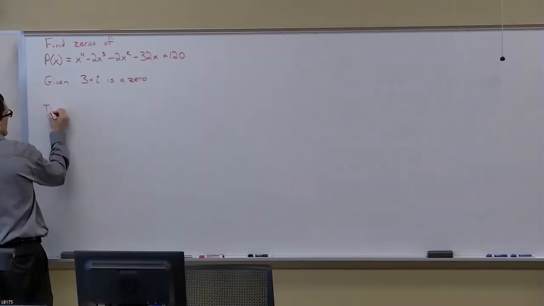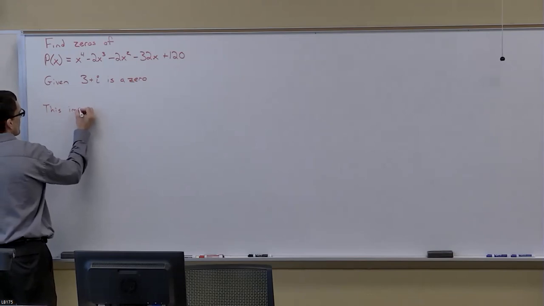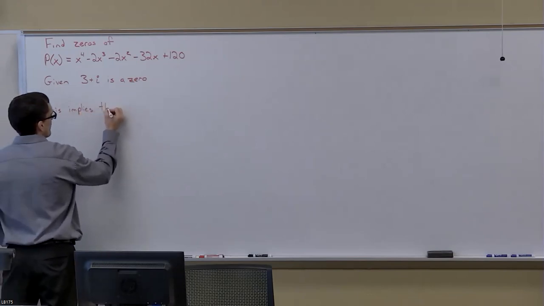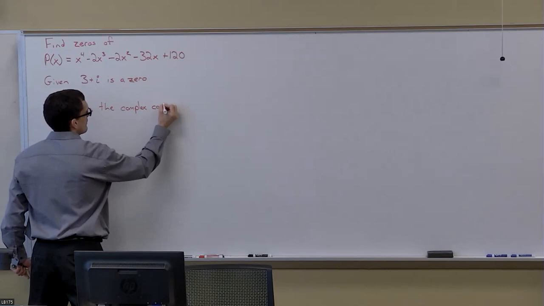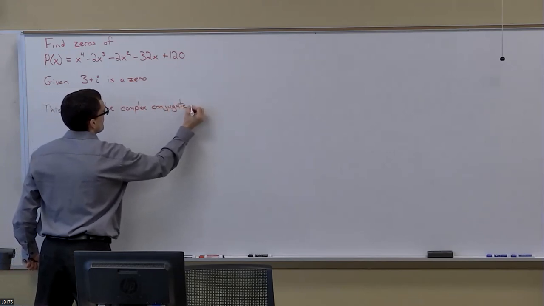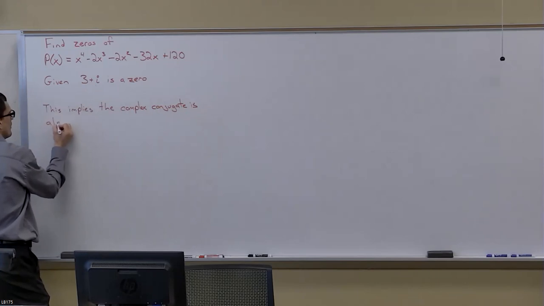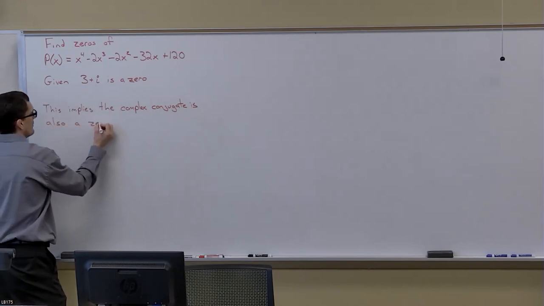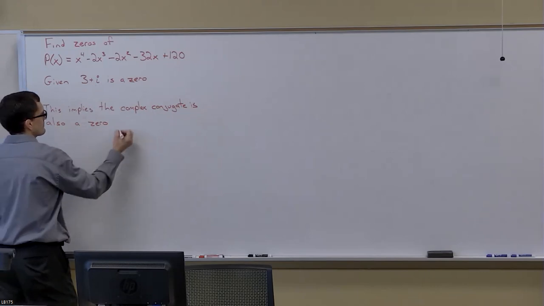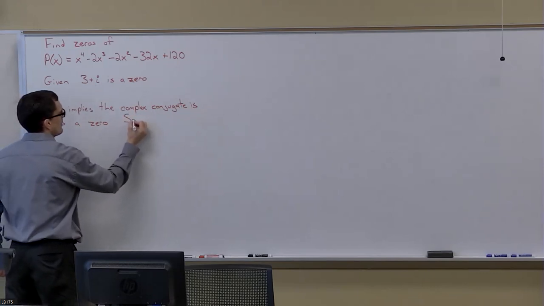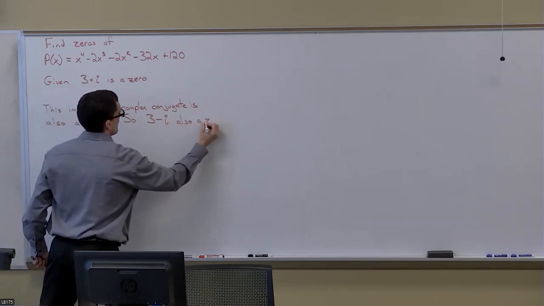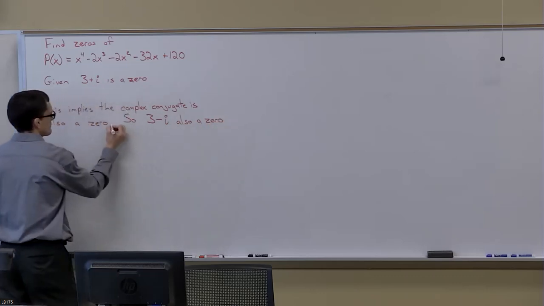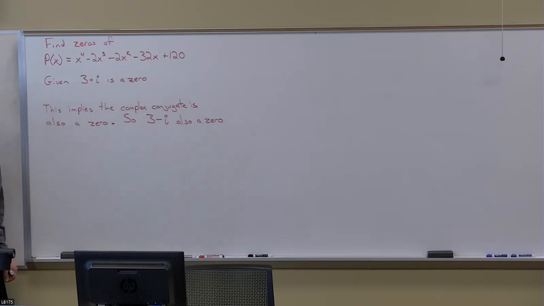So this implies the complex conjugate is also a zero. So 3 minus i is also a zero. Okay.